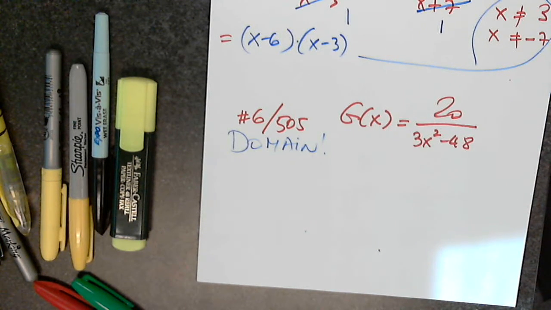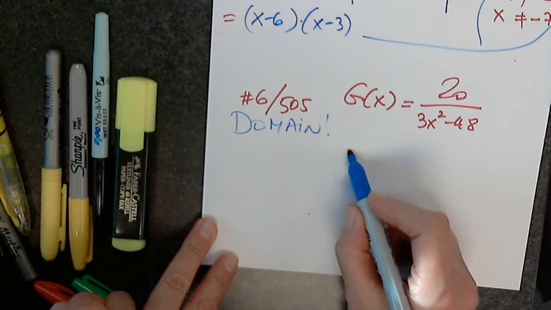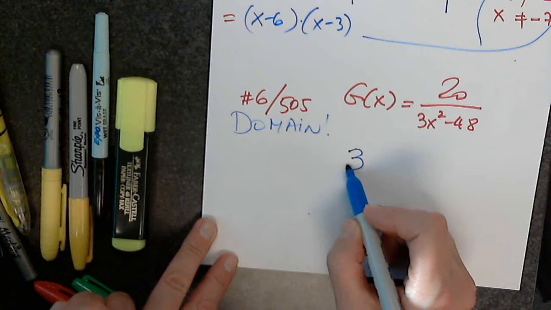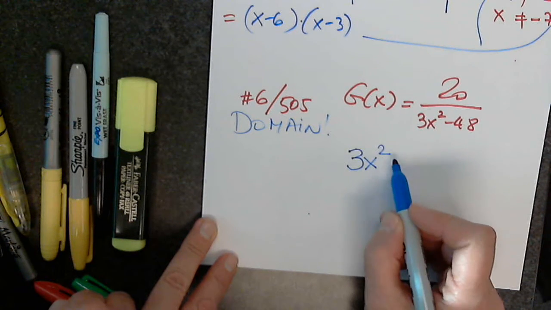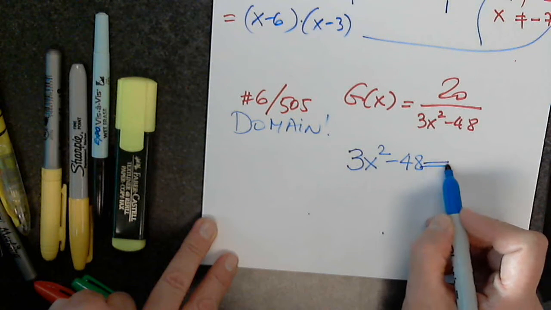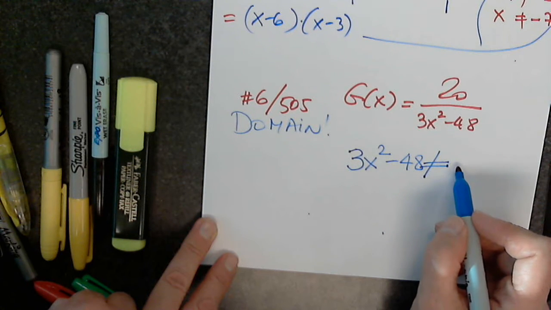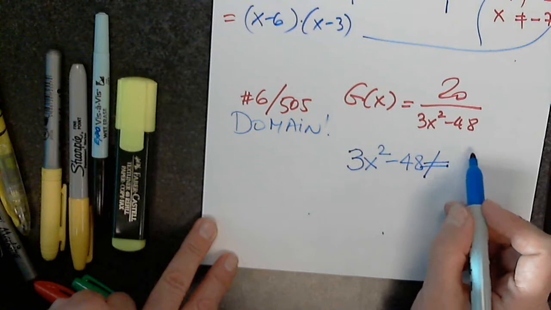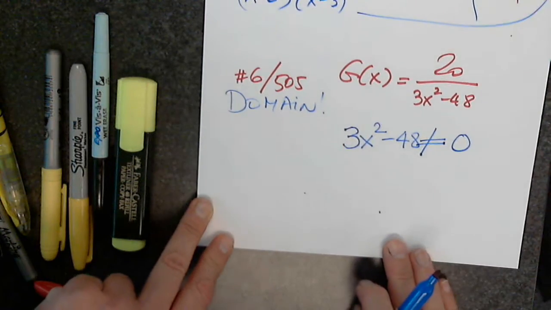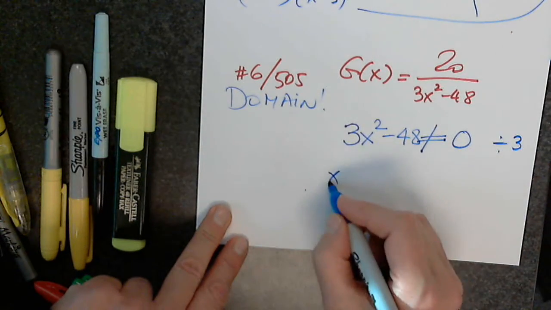Okay, can anyone give us an idea here? Zero. Thank you. I will divide both sides by 3 because that will not change the solutions.